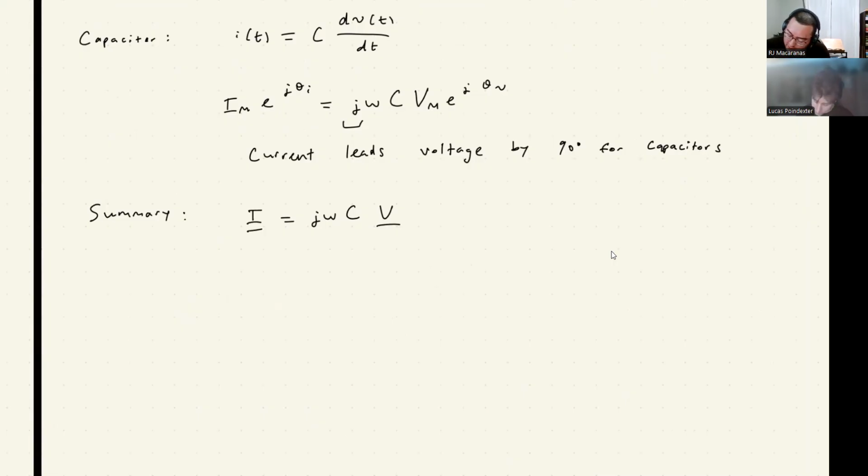Then we have the equation for the inductor: V is given by J omega L times I. And for the resistor, we just have our good old Ohm's law, I times R, or R times I. These boldface or underlined expressions are just shorthand for complex exponentials with some magnitude.